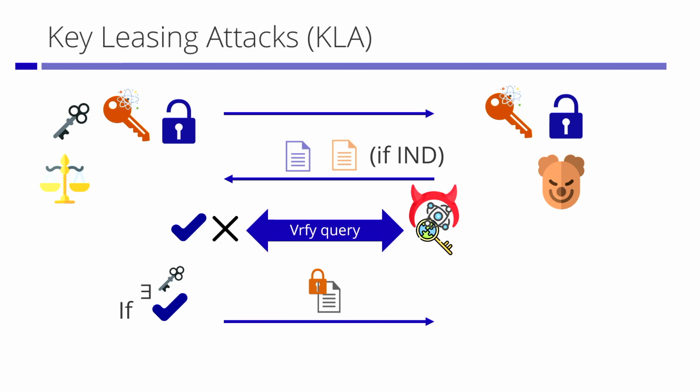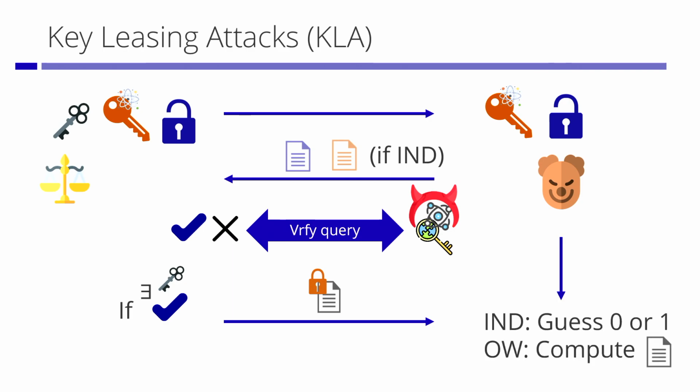And if the adversary sends a valid decryption key and the verification key, then the challenger generates a challenge ciphertext and sends it to the adversary. In the indistinguishability case, the adversary guesses which was encrypted, plaintext M0 or M1. And in the one-wayness case, the adversary tries to recover the entire plaintext.